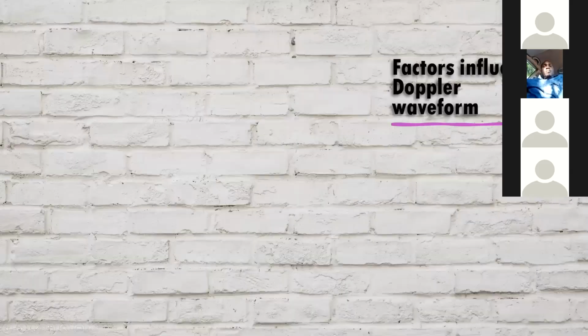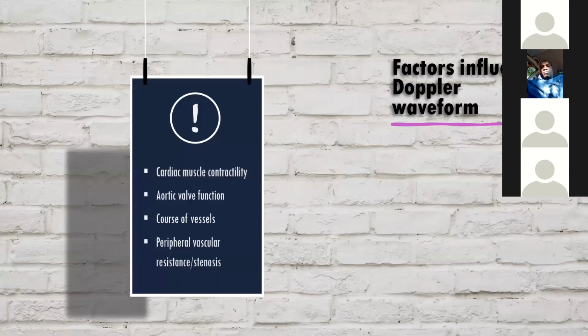So now we need to know what factors influence the Doppler waveform, that is, as I told you earlier, the spectrum of the blood flow. Triphasic blood flow is present in a normal blood vessel, and it becomes reduced gradually depending on the reduction of the flow.